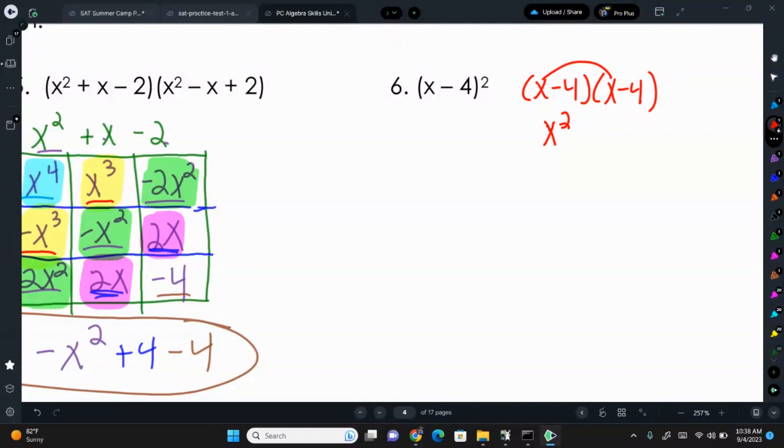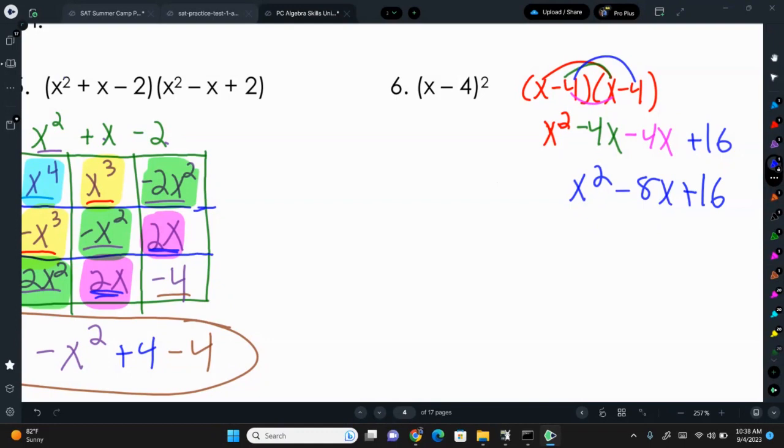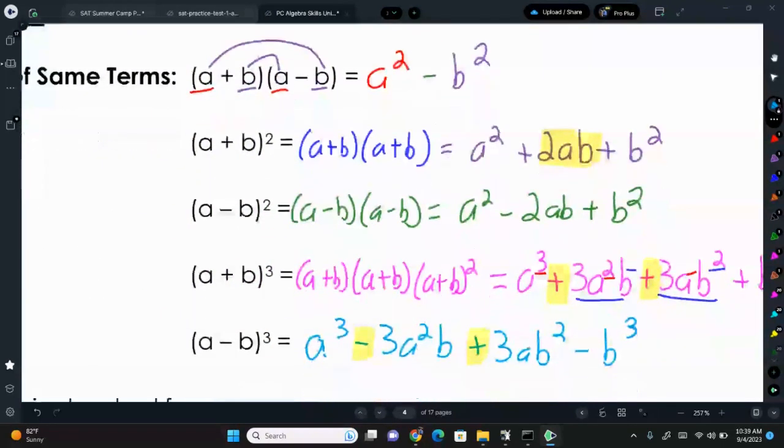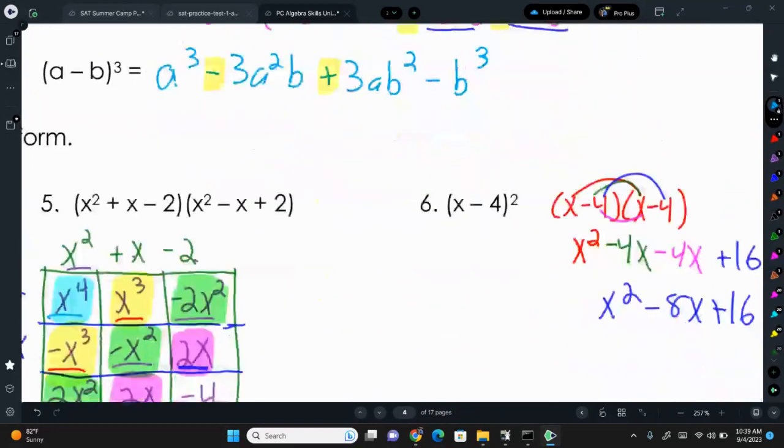So we have x squared minus 4x minus 4x plus 16, which would be x squared minus 8x plus 16. Now the shortcut for this one, if we look back up here, is a squared minus 2ab plus b squared. So your a is x and your b is 4.